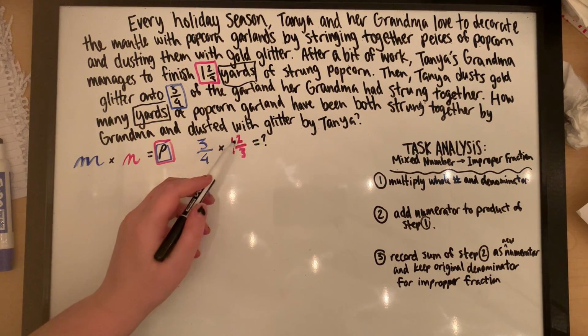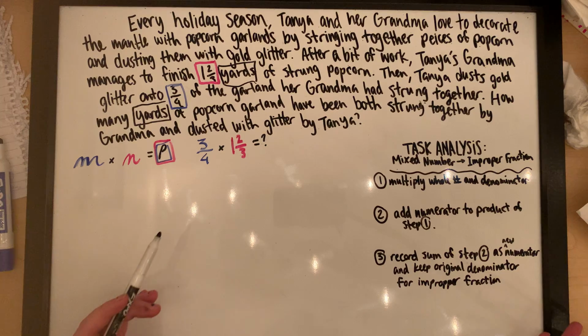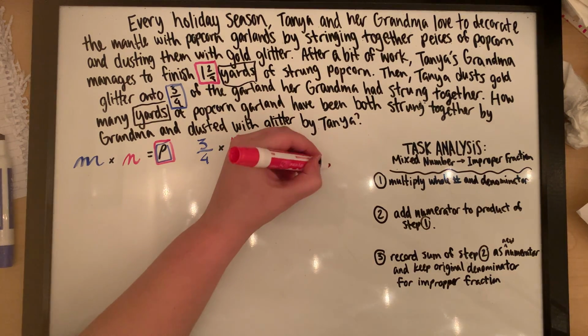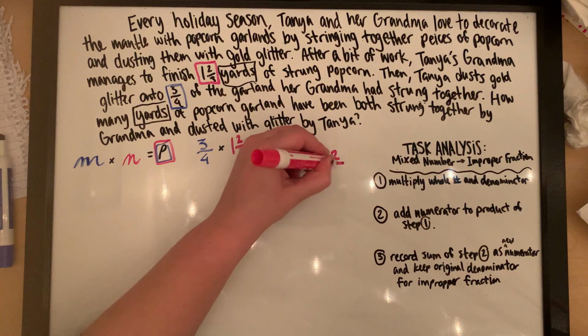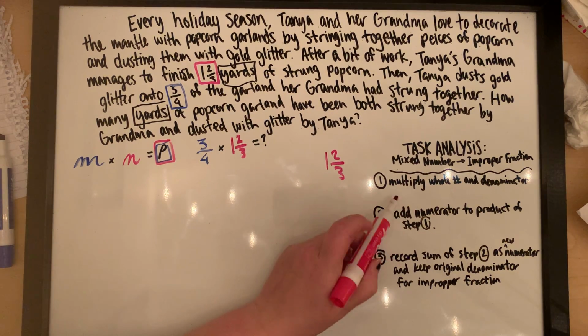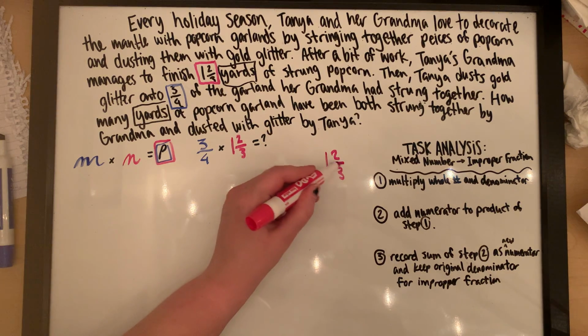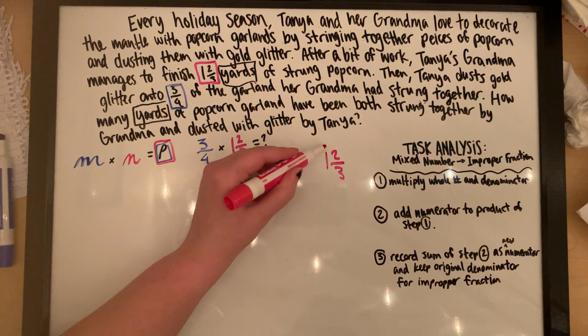So changing 1 2/3 to an improper fraction to make it easier to solve this problem, let's go through our steps. The first step is, when looking at 1 2/3, we're going to multiply our whole number and denominator. Let's review terms.